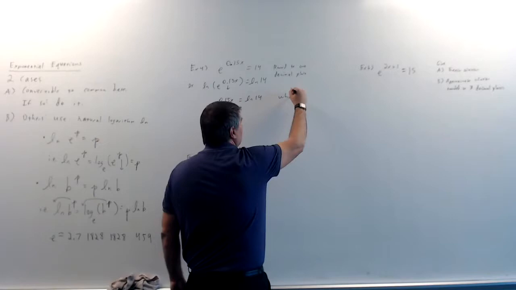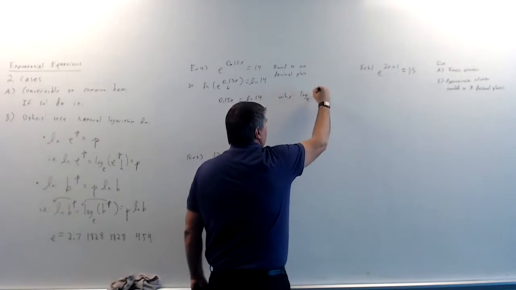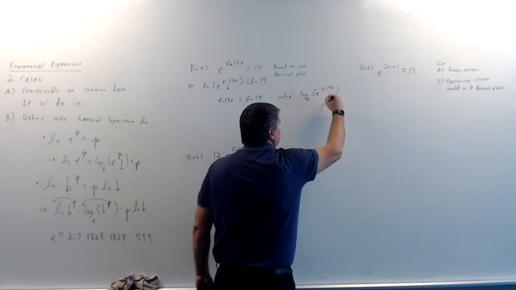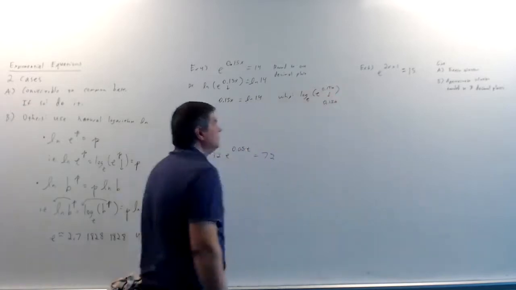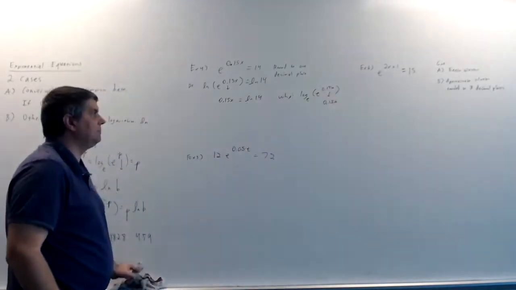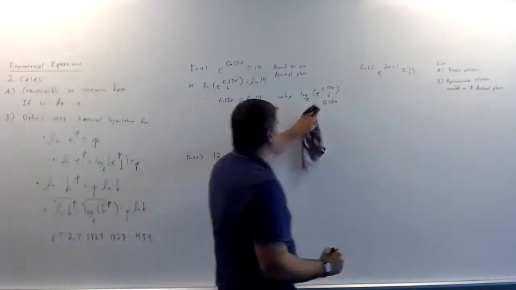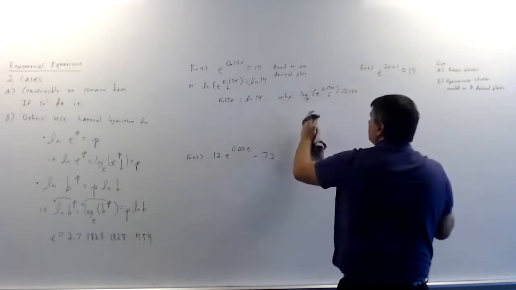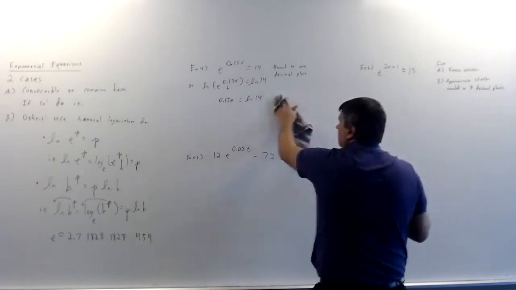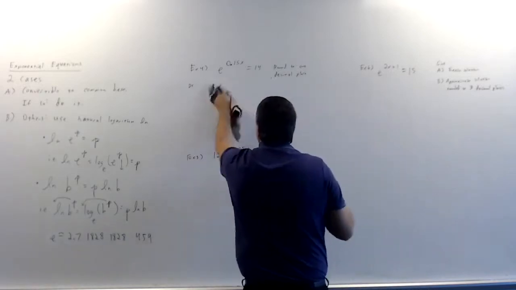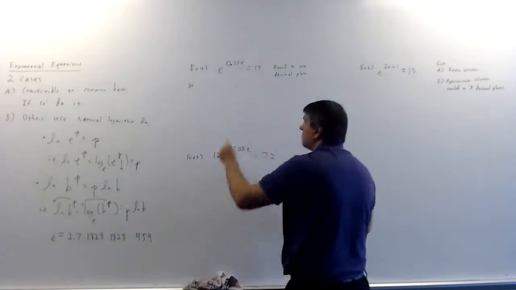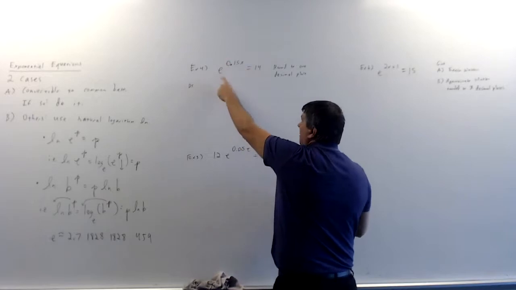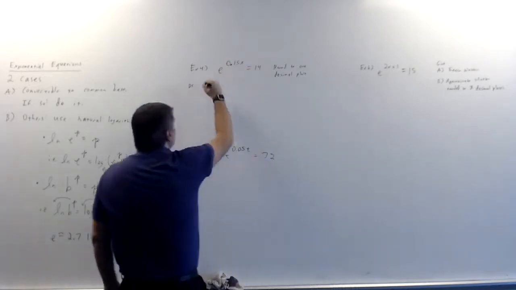Why? Because log base e of e to the 0.15x is just 0.15x. That's why. So I'm going to do that again. e and 14 are not convertible to a common base, so we're going to use the natural log.